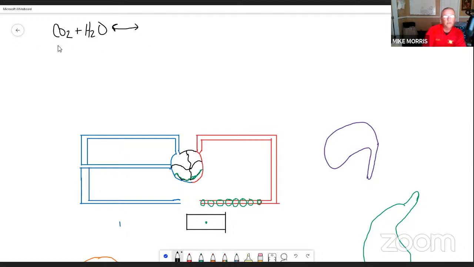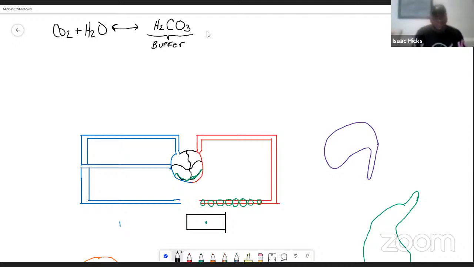If we add all of these together, we're going to have 2 hydrogen, 1 carbon, 3 oxygen. And lo and behold, that creates, you could call it the buffer system. You call this just plain buffer. But in its current state, it is carbonic acid.